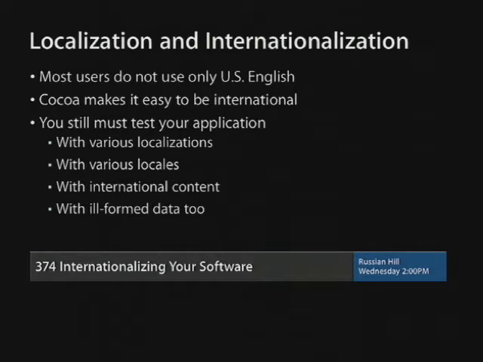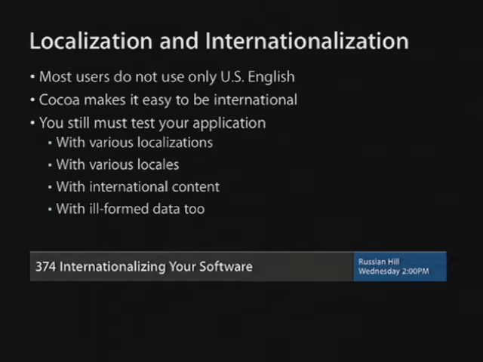Now, in general, internationalization is difficult. Fortunately, what we have done in Cocoa is we have done almost all of the hard work for you. It makes it easy if you just use the classes as they're intended to be international ready. It's not free. In particular, you still need to test your application.